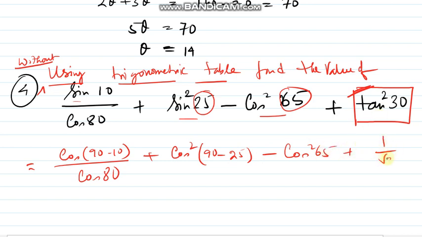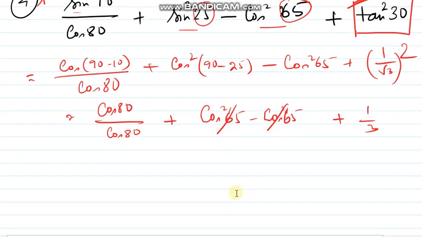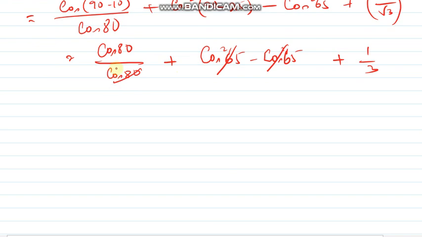Tan 30 is 1 divided by root 3, so this one, cos 80 divided by cos 80 plus cos square 65 minus cos square 65 plus 1 by 3. This will be cancelled out, cos 80 by cos 80 will become 1. So the answer is 1 plus 1 by 3, that is 1 and 1 by 3.